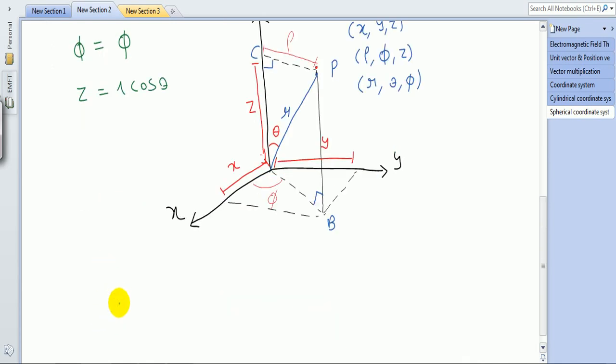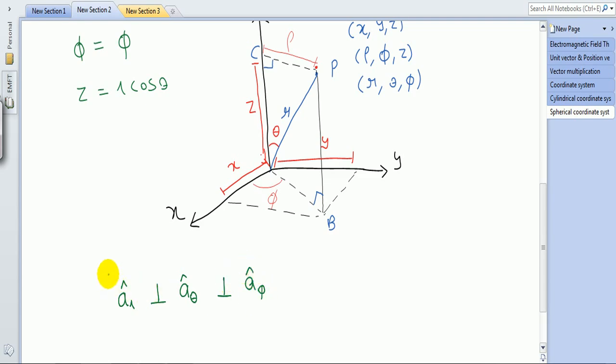Now as in the rectangular or Cartesian coordinate system, the unit vectors ax cap, ay cap and az cap were perpendicular to each other, a rho cap, a phi cap and az cap were perpendicular to each other in the cylindrical coordinate system. In the spherical coordinate system also, the unit vector ar cap along the radius of the sphere is perpendicular to a theta cap, and a theta cap is perpendicular to a phi cap.